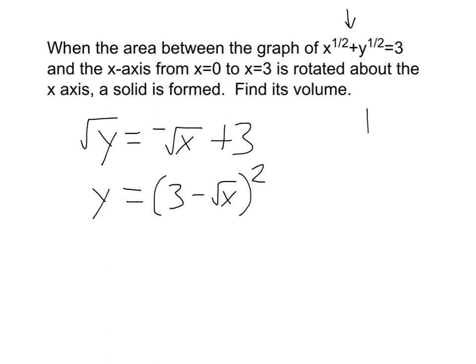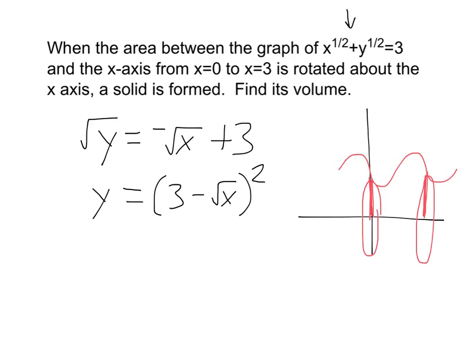If you're worried about this and need a sketch, I'm going to sketch something that does not look like this graph at all. We'll just make it some crazy graph. And I know we're looking from 0 to 3. As this thing rotates to form a solid, this crazy shape I made is going to look a little bit like a vase.